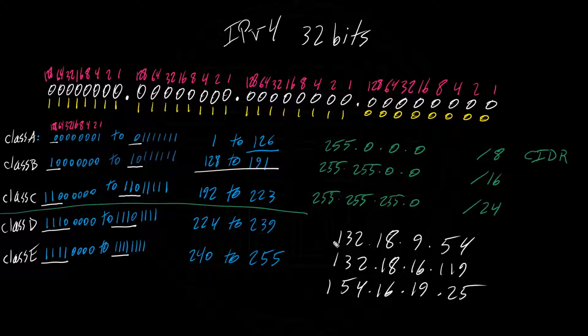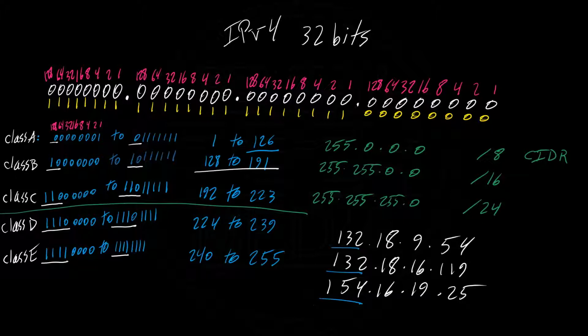Okay, let's take a look. Here we can see 132, 132. These two 132 fall into this range. It's class B. 154 also falls into this range. Therefore, all these IP addresses are class B. And the default subnet mask for class B, 255.255.0.0, means the first 2 octets must match.